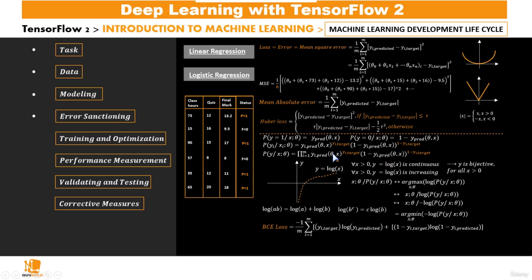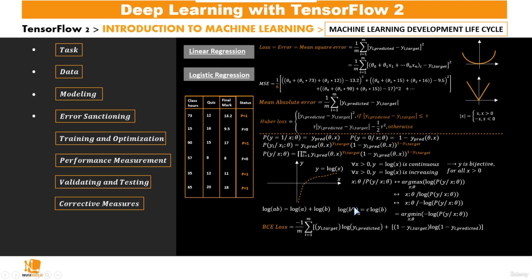So this represents our b. We have log of ab, a product, which is log of a plus log of b. That's why we have the log of yi pred to the power of yi target plus the log of 1 minus yi pred to the power of 1 minus yi target.